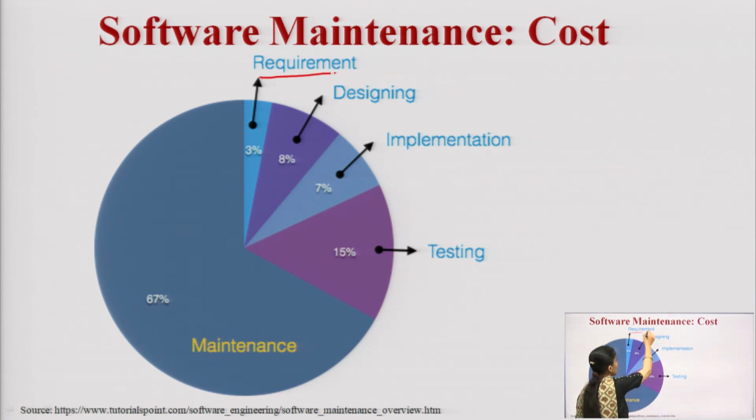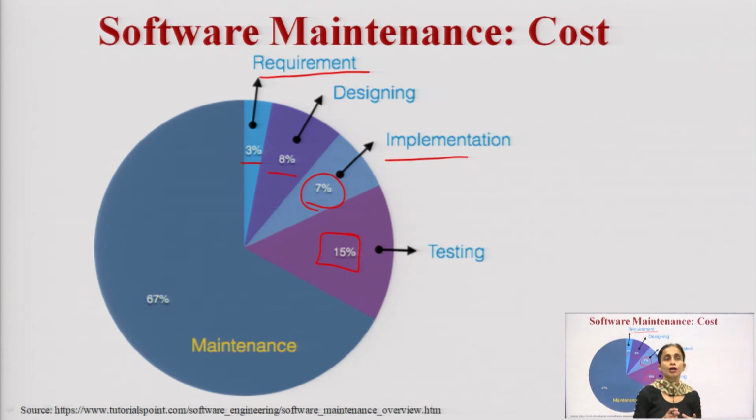In the requirement phase, it consumes 3%, design consumes 8% of the entire SDLC cost, implementation consumes 7% of the cost of my entire software, testing includes 15% of the software.